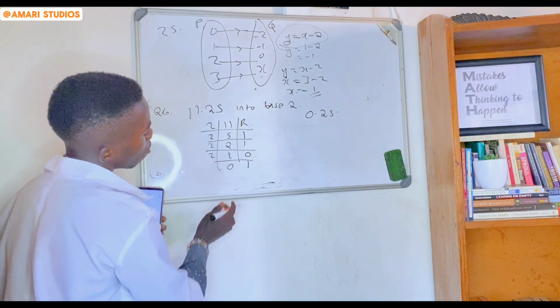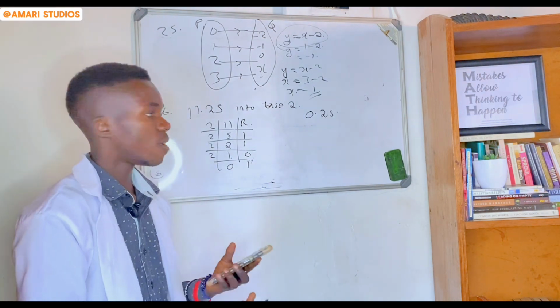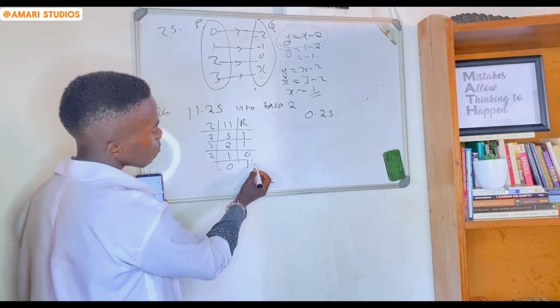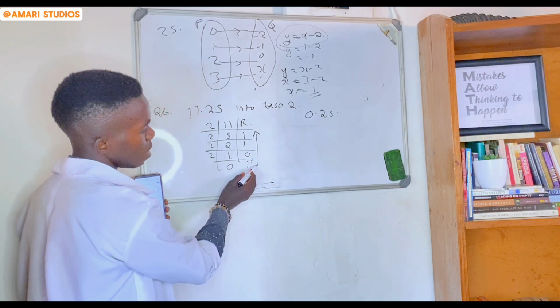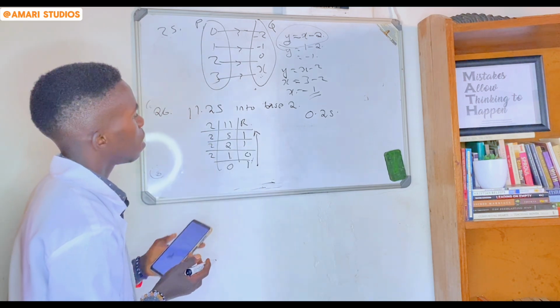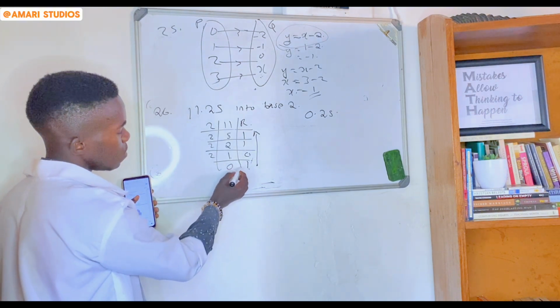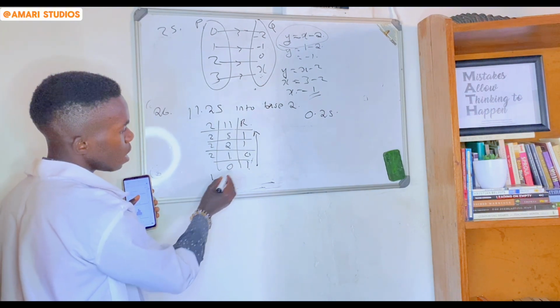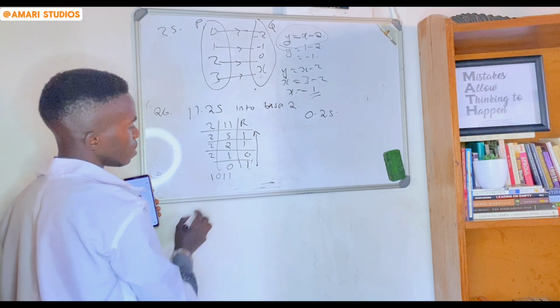The remainders represent our values, so you're going to start from the bottom going upwards, as the arrow shows. So our value will be 1, then a 0, another 1, and lastly a 1.